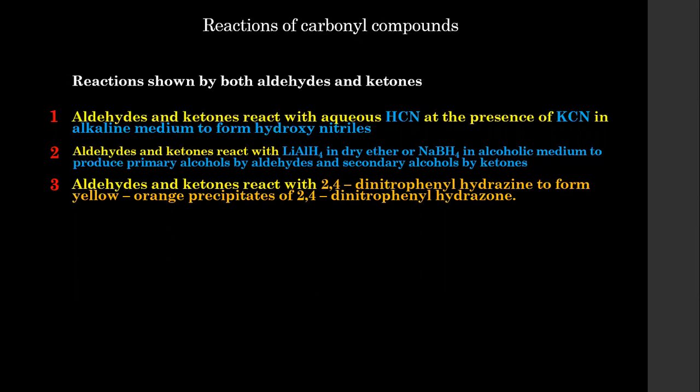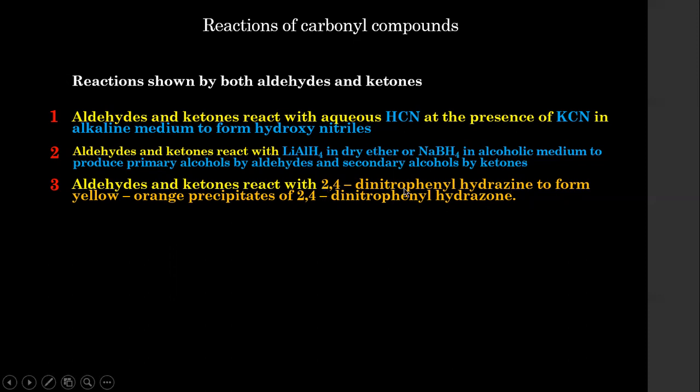And number 3 is a really interesting reaction, because reaction number 1 and reaction number 2 don't give any color changes during the reaction. But in reaction number 3, when you add an aldehyde or a ketone into the solution called 2,4-dinitrophenylhydrazine, the shortened form is 2,4-DNPH, you get yellow, orange, and at times red precipitates of 2,4-dinitrophenylhydrazone.